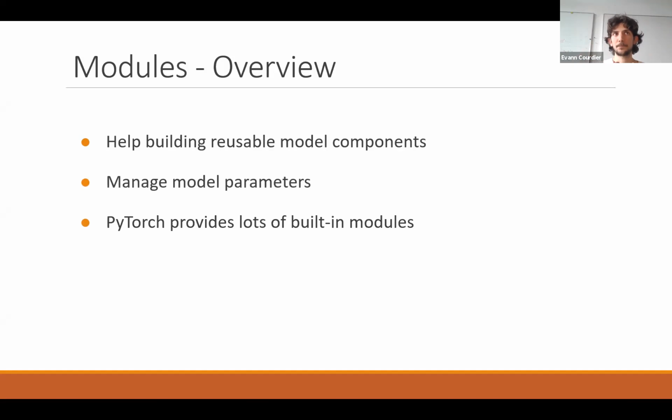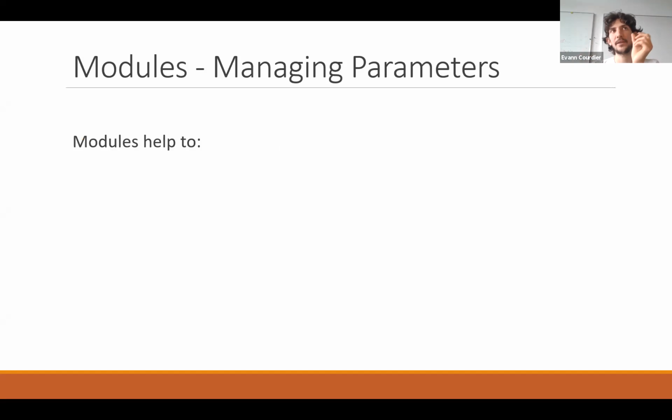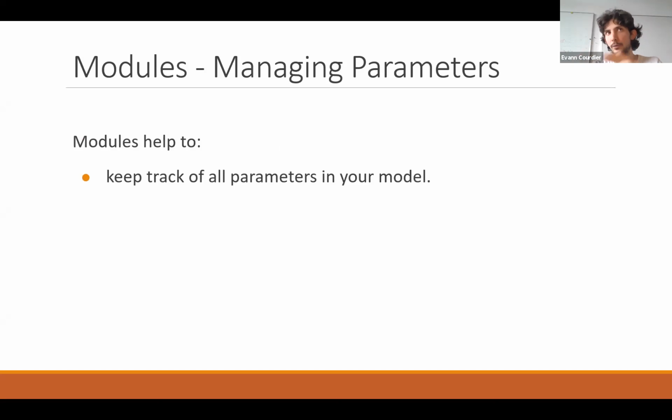And PyTorch already provides a lot of built-in modules. So let's see how it helps to manage the parameters. Having a module class actually helps to keep track of all the parameters in your model. So you may have a lot of convolutional layers, linear layers, batch normalization, and so on with parameters. And the module will actually be aware of its parameters.